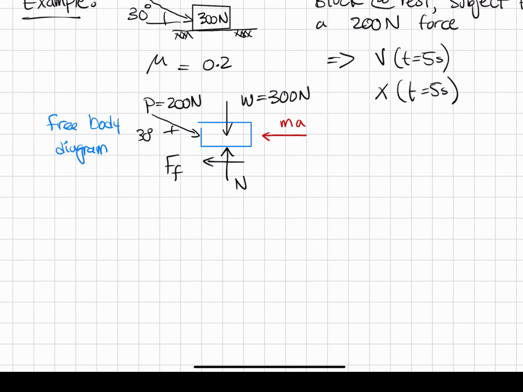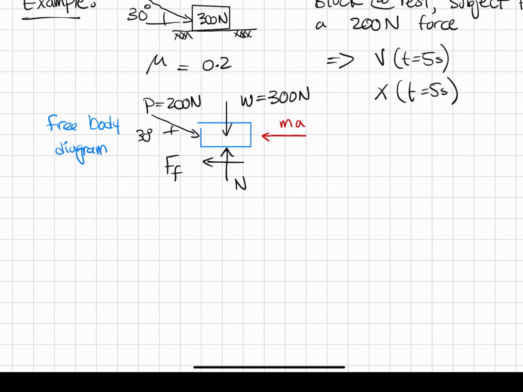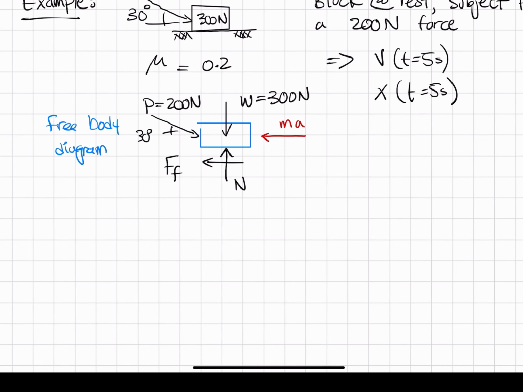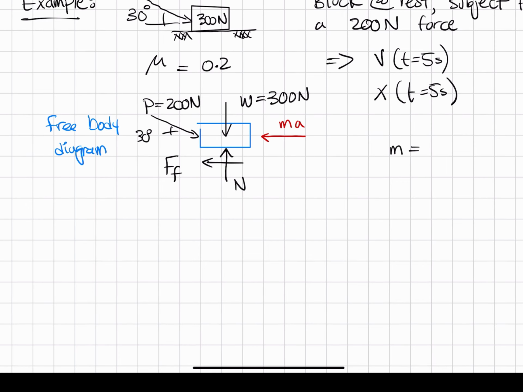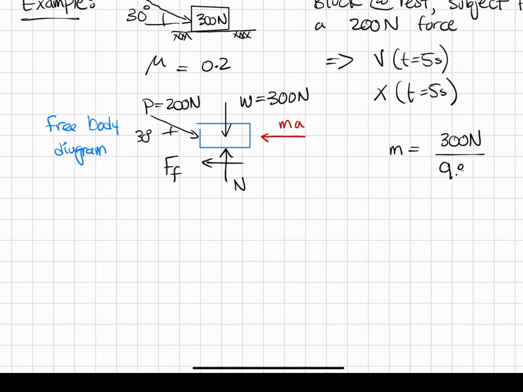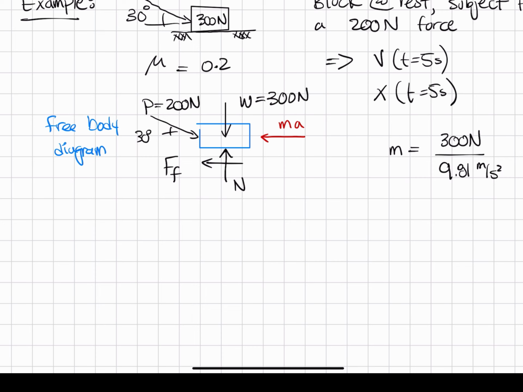Whichever way the force is being applied, whichever way the mass starts moving, the acceleration experienced by the inertial component is in the opposite direction. I guess the other thing that's important is mass here is 300 newtons divided by 9.81 meters per second squared. So we'll use that in a few seconds.